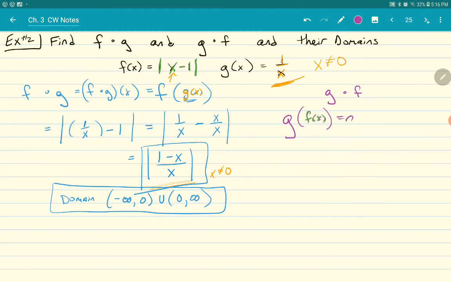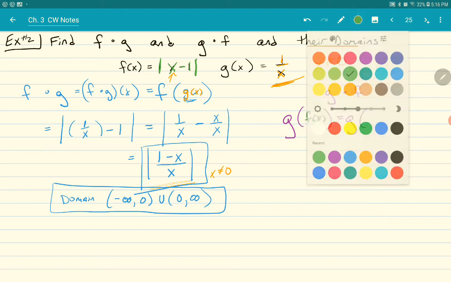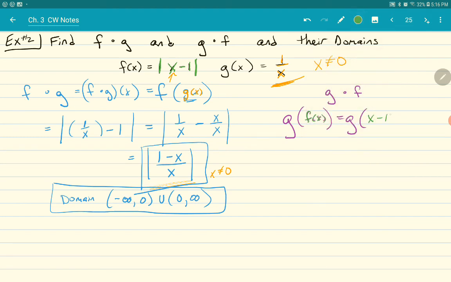So I'm taking g of x, which is 1 over x, and instead of x, I'm going to write the input, which is the absolute value of x minus 1. And that's as simple as I'm going to get with that one. So that's my composite of g of f.